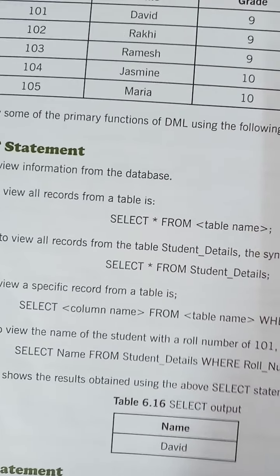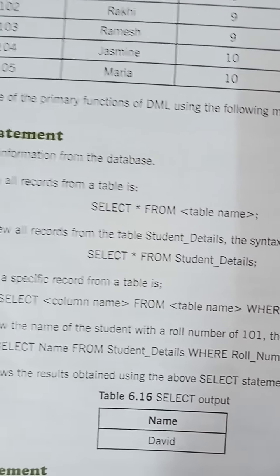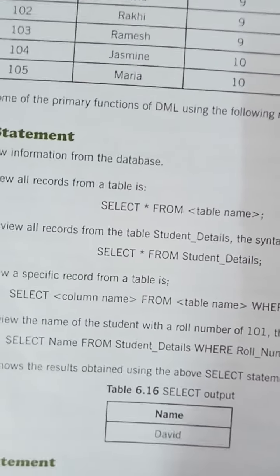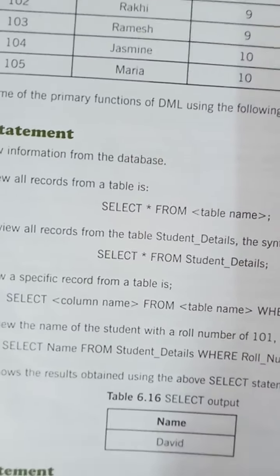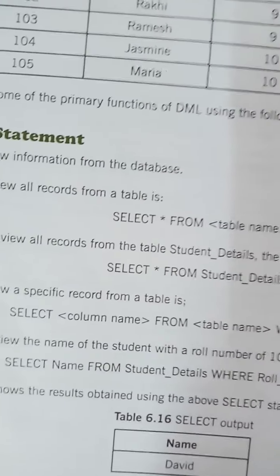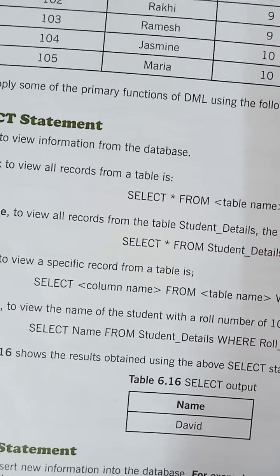Now if you want to see only a specific value, like the name of the student whose roll number is 101. Understand what I am saying? For that you have to use the where statement, because that is a condition.